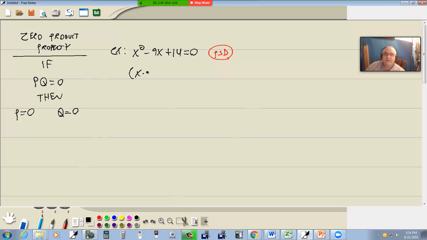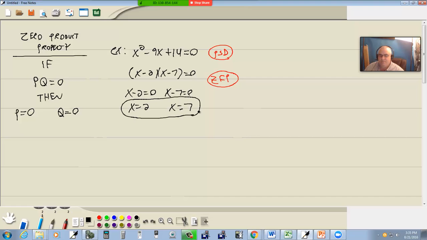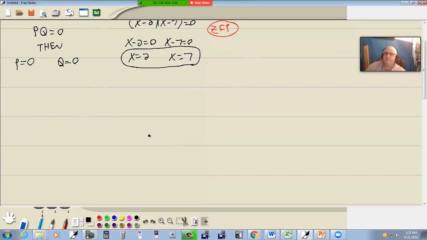So this factors as x minus 2 times x minus 7. And then our zero factor property: if you get 0 on one side and you factor the other side, you set each factor equal to 0. So I'll set x minus 2 equal to 0, and I'll set x minus 7 equal to 0. And then if you solve those, you get 2 and you get 7. And those would be your answers.